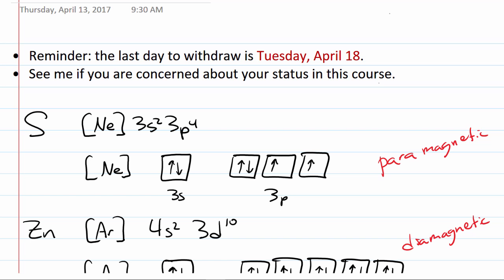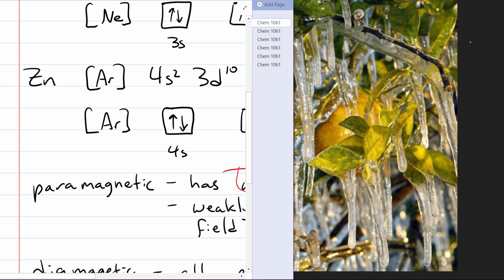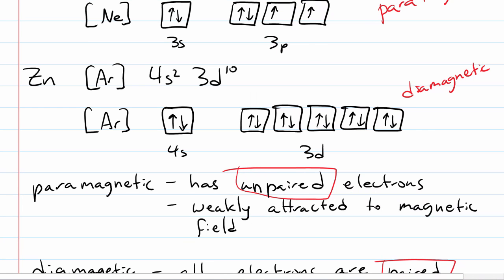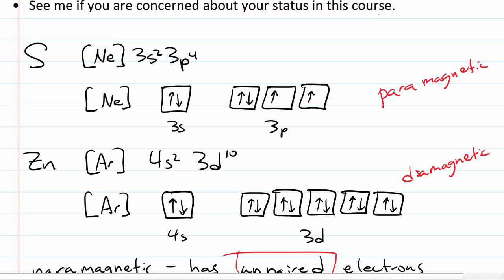Last class, because I'm teaching so many sections, I forget where we got to. This is what I wrote down, but I don't remember if we actually got through this or explained it in this particular class. Did we talk about the difference between paramagnetic and diamagnetic? Yes. Okay. If it's paramagnetic, we have unpaired electrons.